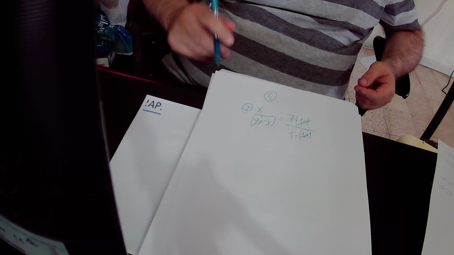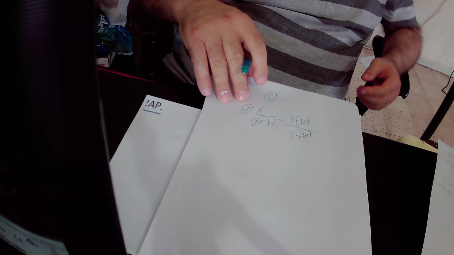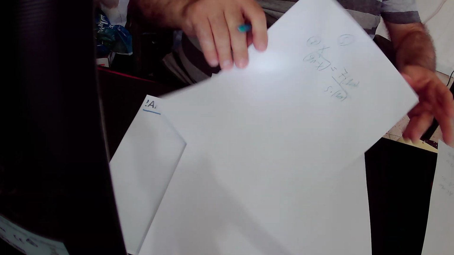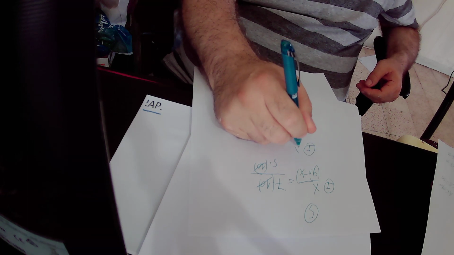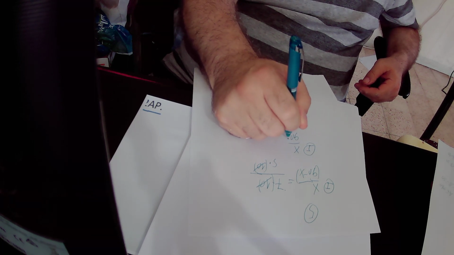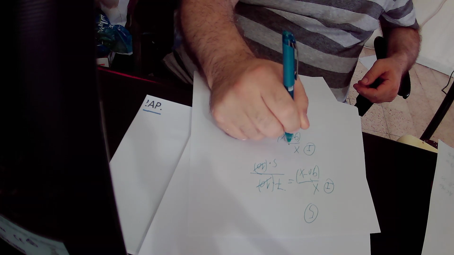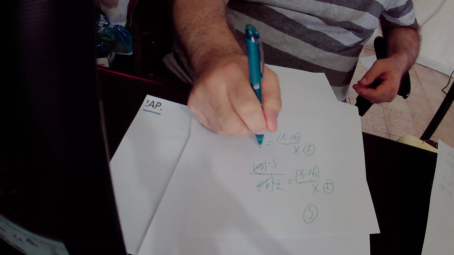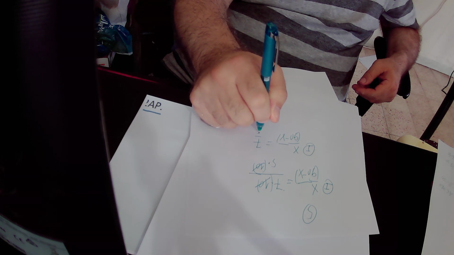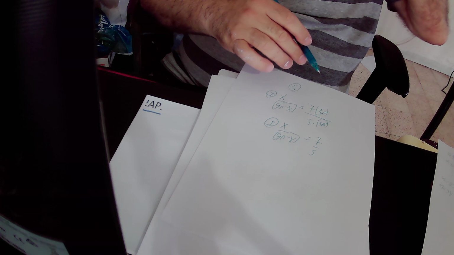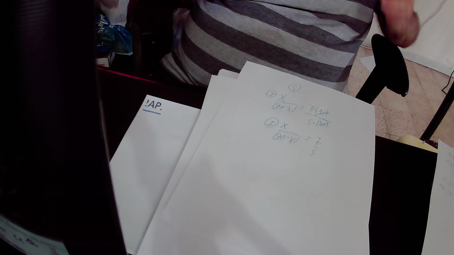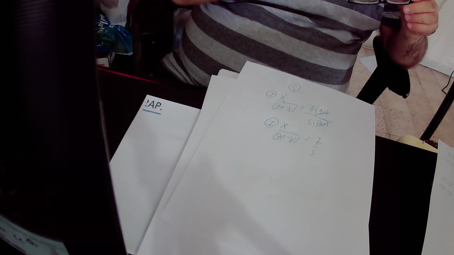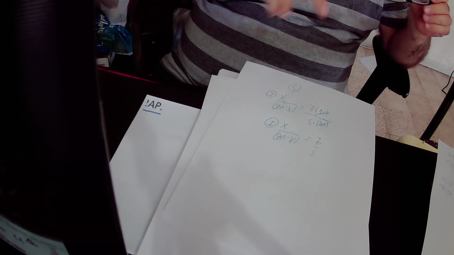So we will get that X over 90 minus X equals 7 over 5. We cancelled 10 from the numerator and the denominator. So we got 7 over 5.